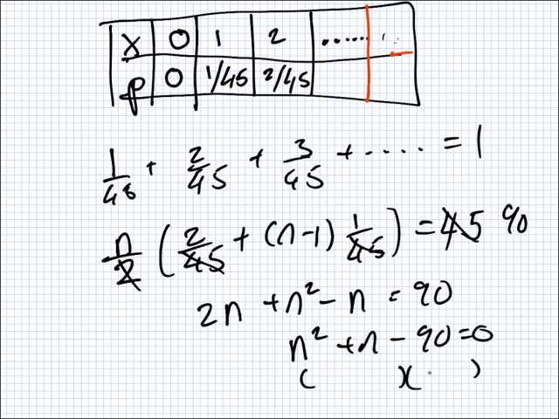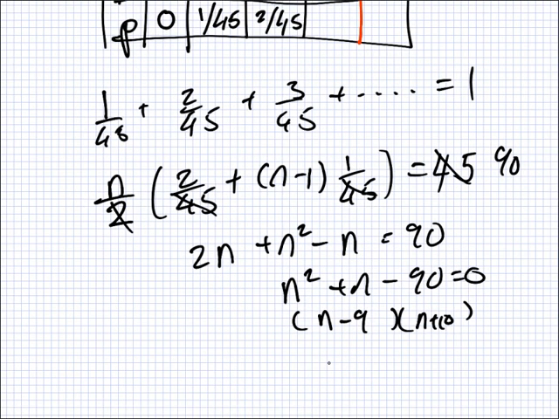So 9 and 10. N minus 9, n plus 10. So obviously you can't have negative 10 tables. So the answer is 9. Well, my question would have been, what is the most number of tables she can serve?